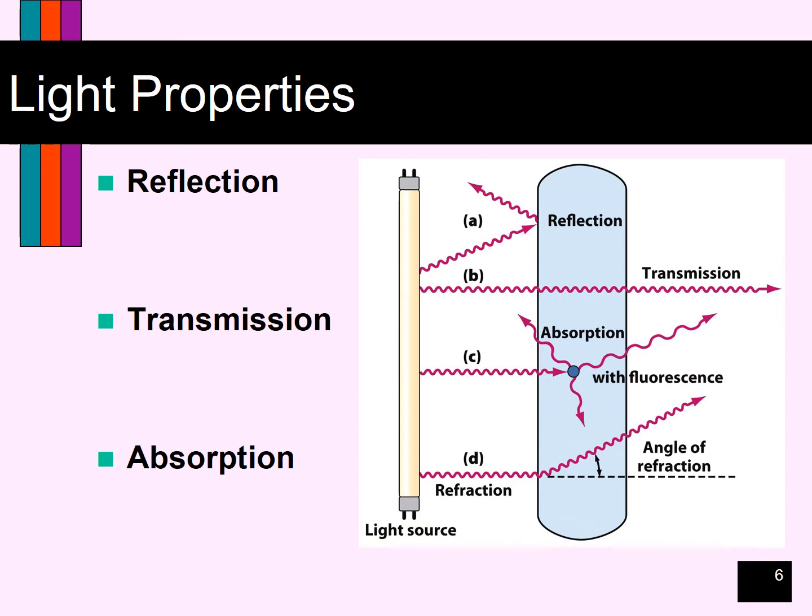And then light can be refracted, okay, or bent, all right? So you can see that if, say, for instance, the specimen has a different refractive index than the air, okay, then the light would be bent, okay, or refracted.